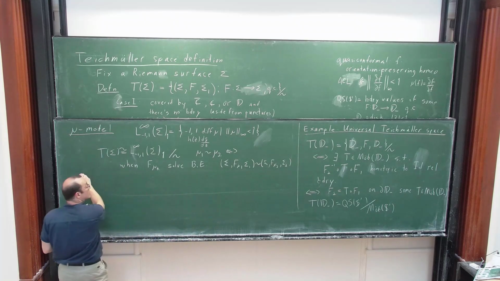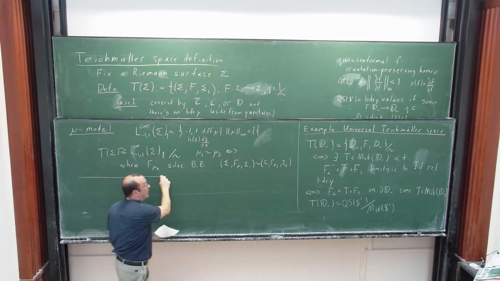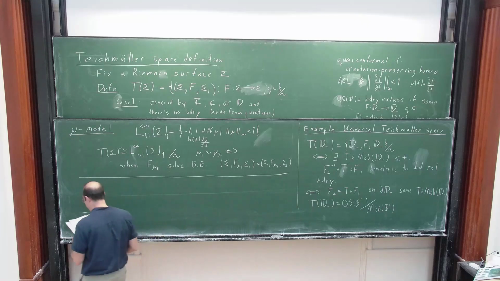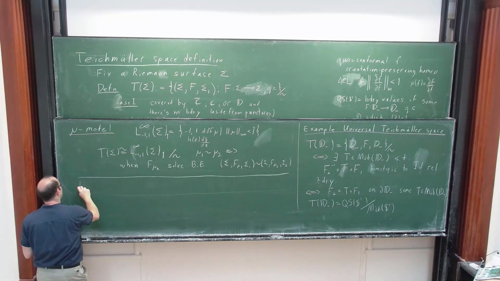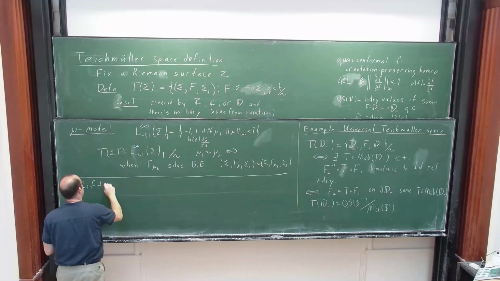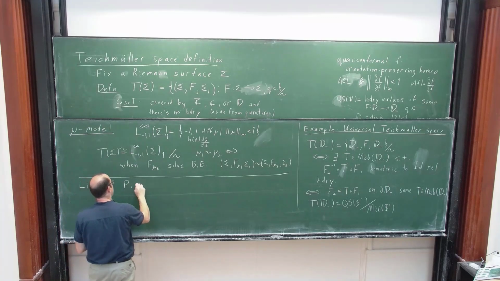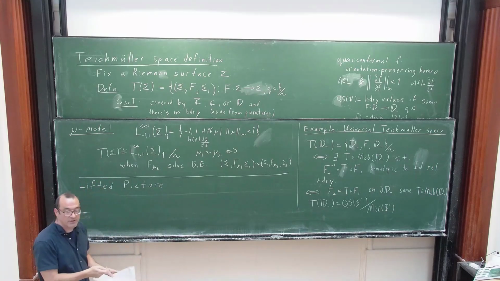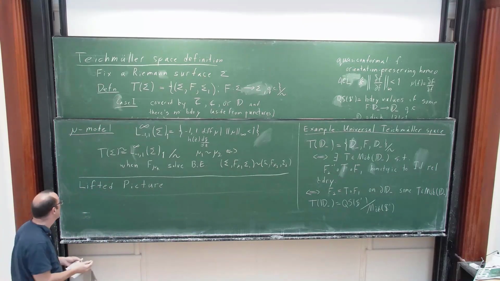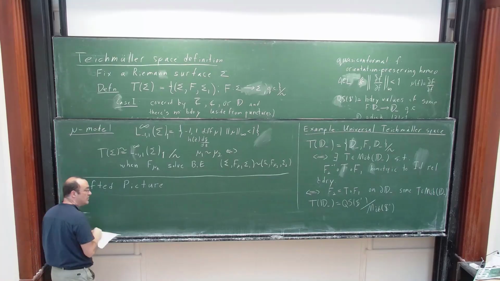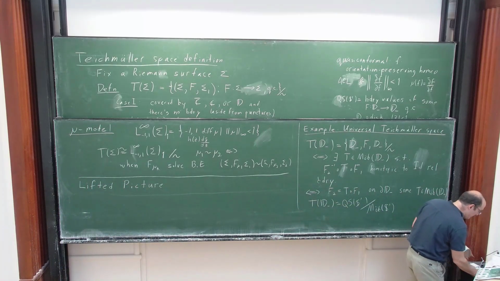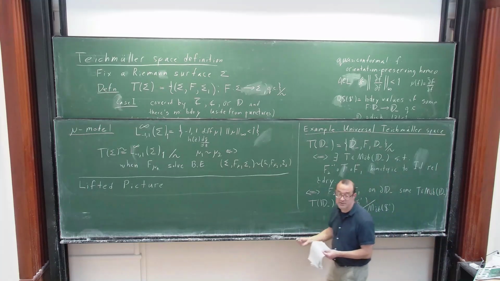Okay, I'm going slower than I hoped, but quicker than I thought. So that's probably good. Now I want to move on to the lifted picture. All of this can be done by lifting to the universal cover and then looking there. That has certain advantages, especially if you're an analyst and you don't want to think about objects on Riemann surfaces. You just work on an open subset of the plane.